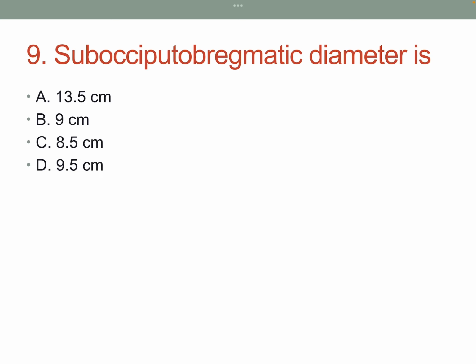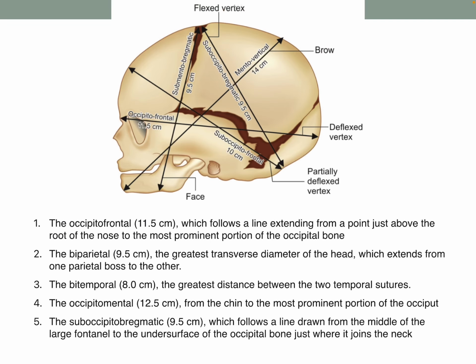Coming to the next question. Suboccipitobregmatic diameter of the fetal skull. Remember the fetal skull: 13.5 centimeter, 9 centimeter, 8.5 centimeter, 9.5 centimeter. Suboccipitobregmatic is a very important diameter in fetal life with the maternal bone. Why? Anybody knows? Please tell. It is the position of the fetus to the pelvis. That's why. Occipitofrontal is 11.5 centimeter.